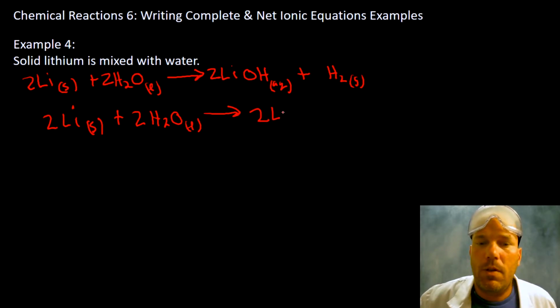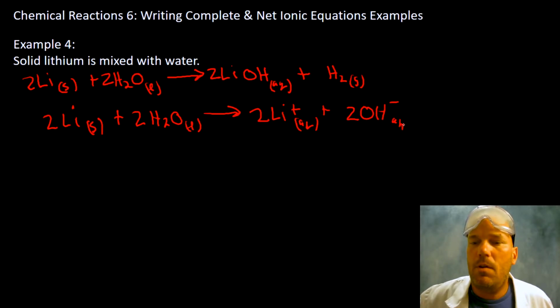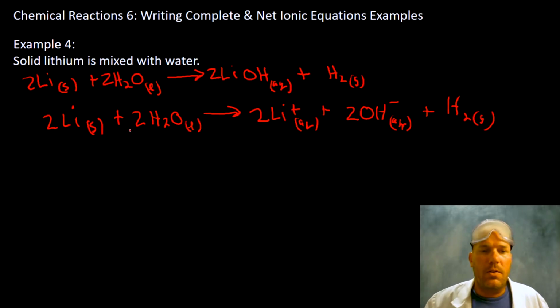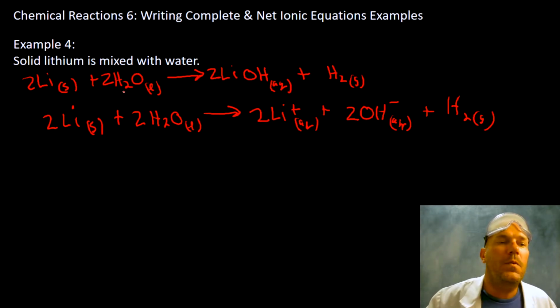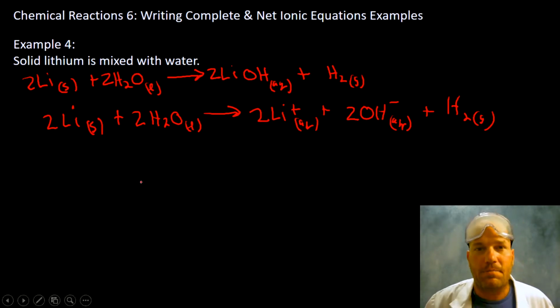So 2Li plus, and that's aqueous, plus 2OH, aqueous, plus gas. We don't mess with the gas, we leave it alone. And are there any spectators around? There are no spectators, but this is the ionic equation for this particular reaction.